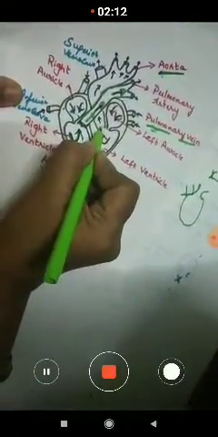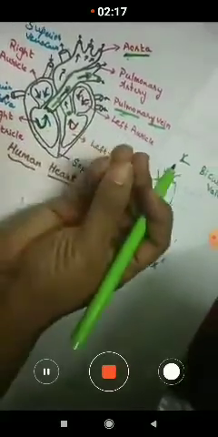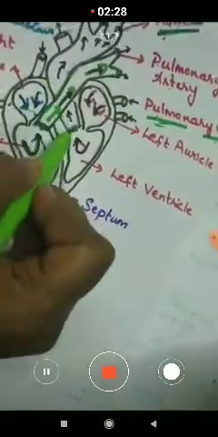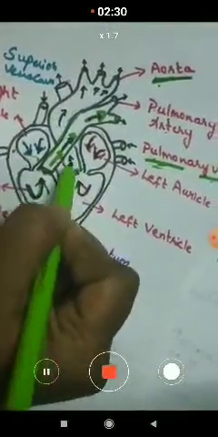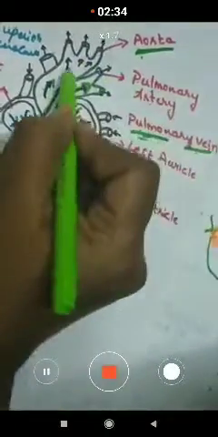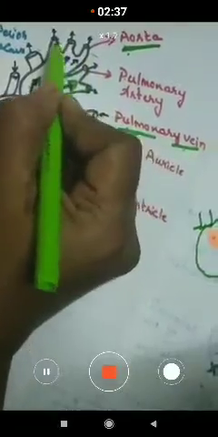Here we can observe the mitral valve, children. This valve opens. As it opens, what happens? The blood which is present in the left ventricle is taken through the aorta, and this aorta reaches all the different parts of the body.